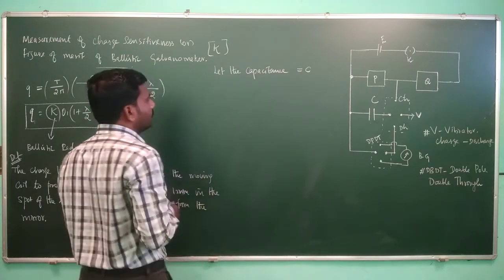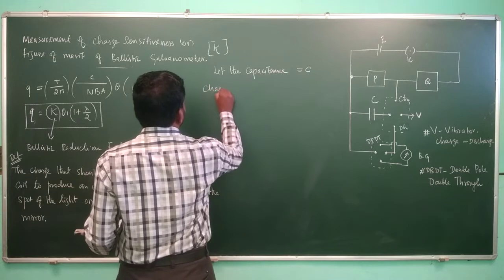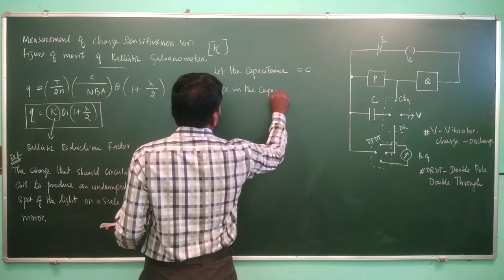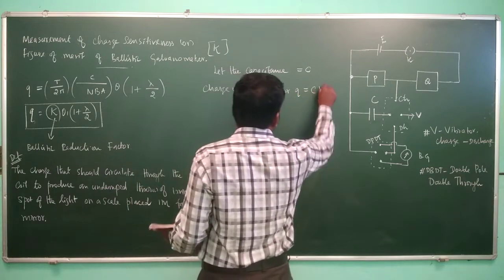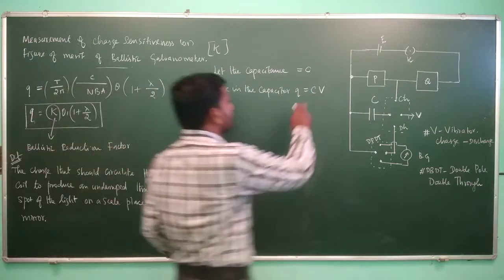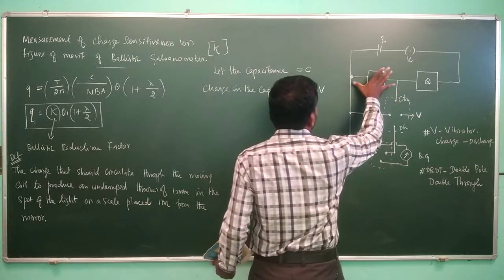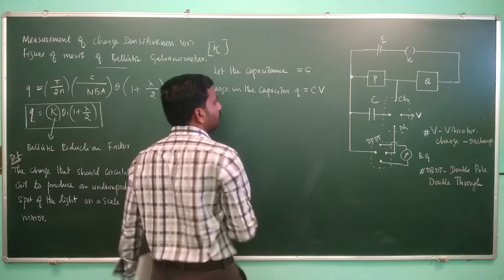Okay. Now, what is the charge in this capacitor C? The charge in the capacitor, Q, is nothing but C multiplied by V. This V is the potential difference that we are measuring across this resistance P, right?